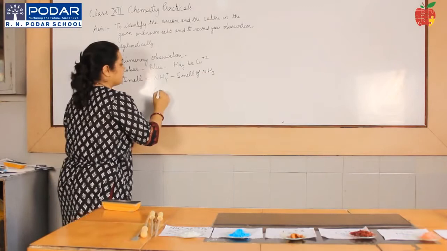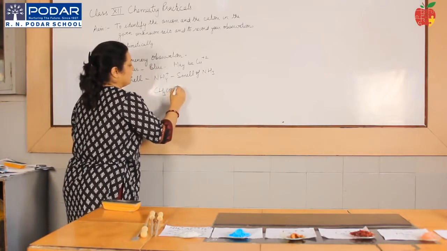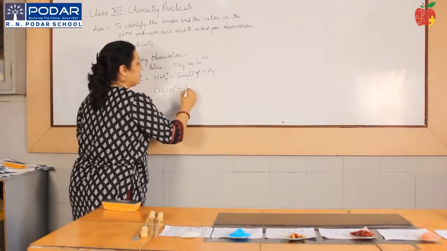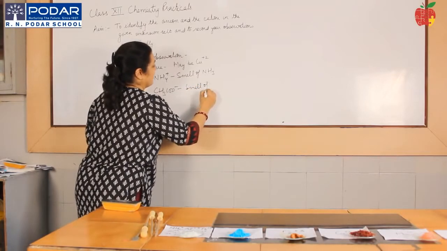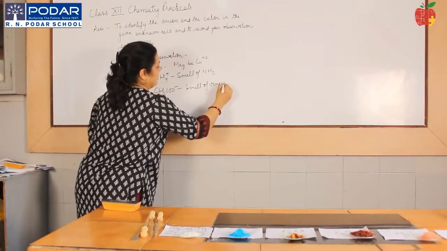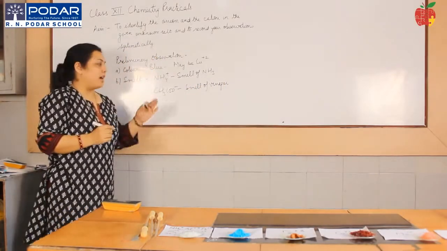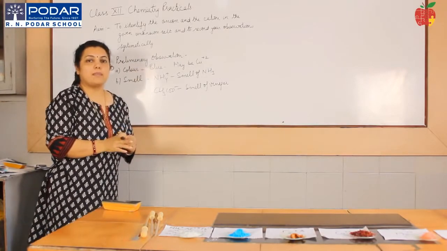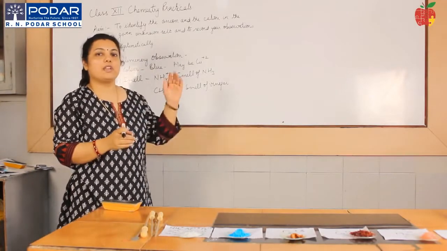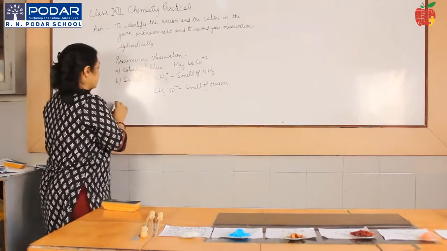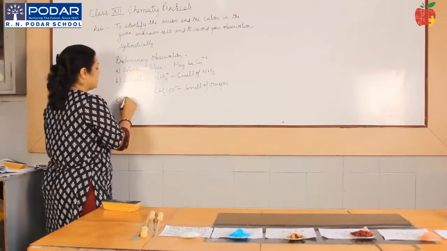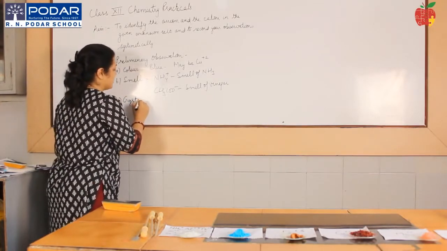Or your acetate salts, they will give you smell of vinegar. Otherwise, you may have sometimes a pungent, unpleasant smell, which you can mention out here. Then the third thing that you observe is whether it is crystalline or amorphous.